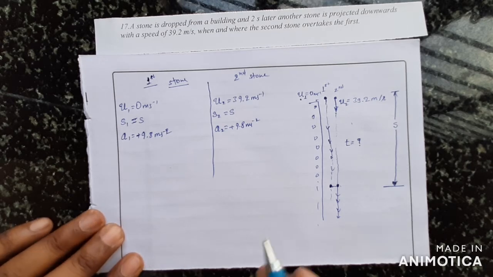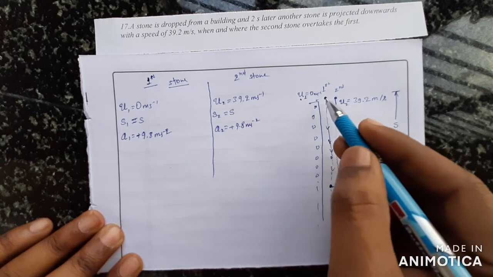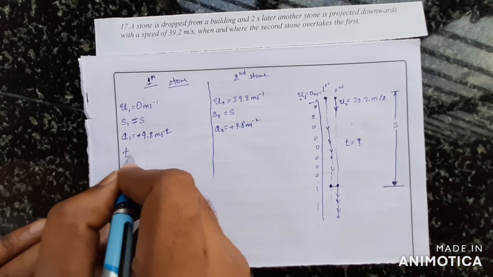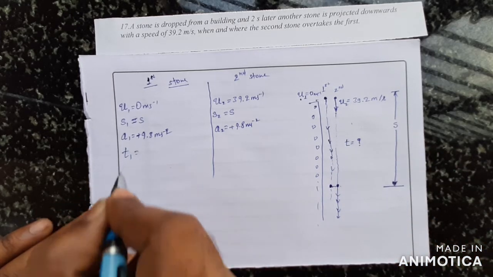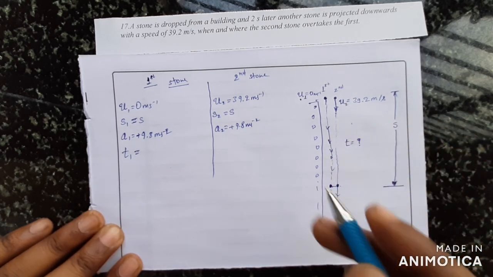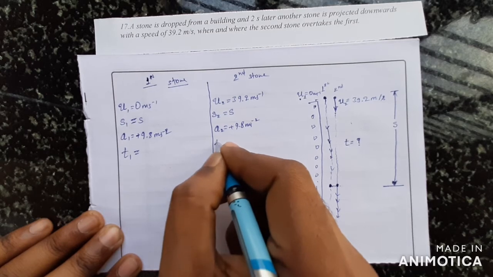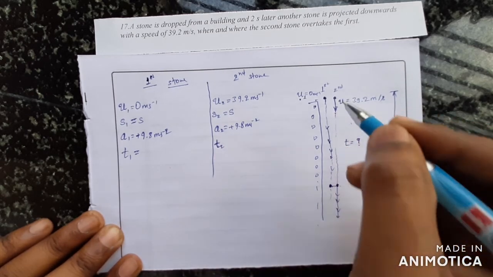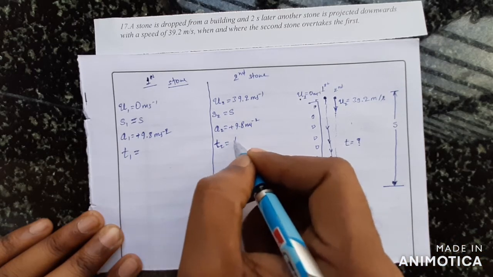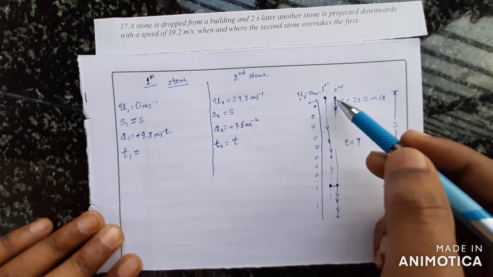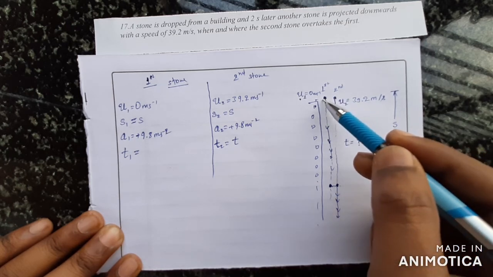What we need to calculate: let me take the time taken by the first stone to reach from this point to this point as t1, and the time taken by the second stone as t. So what is the time taken by the first stone then? The second stone is dropped 2 seconds after the first stone.